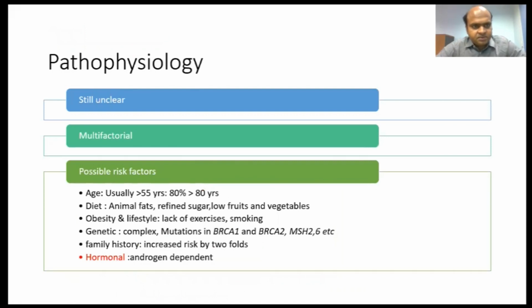Now I will talk about the pathophysiology of prostate cancer. Prostate cancer is a multifactorial disease, like other cancers. The exact pathophysiology is not clear, but the possible risk factors which have been described in the context of prostate cancer include age, certain dietary factors, certain lifestyle factors, and a few genetic factors have also been described.